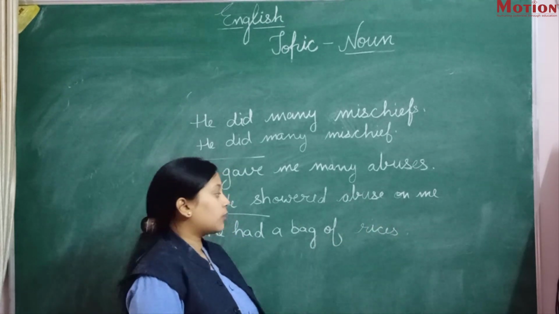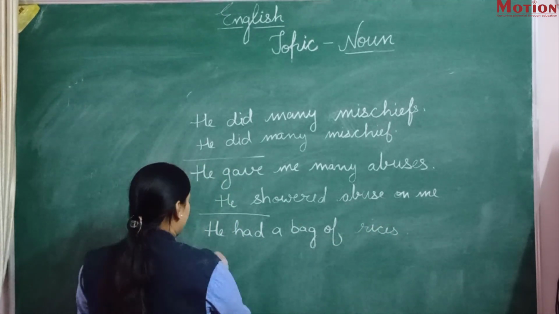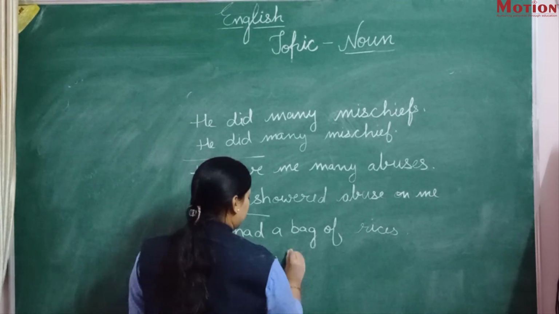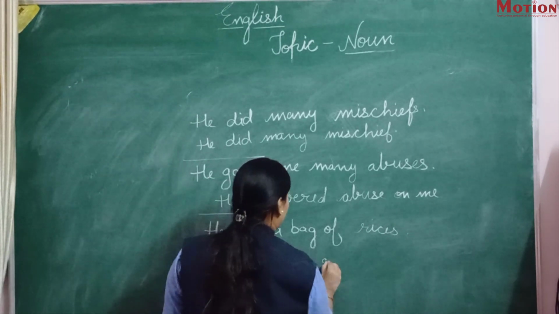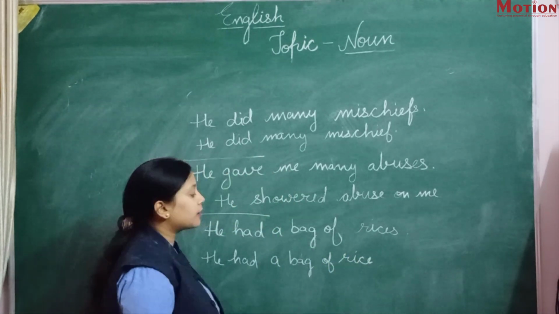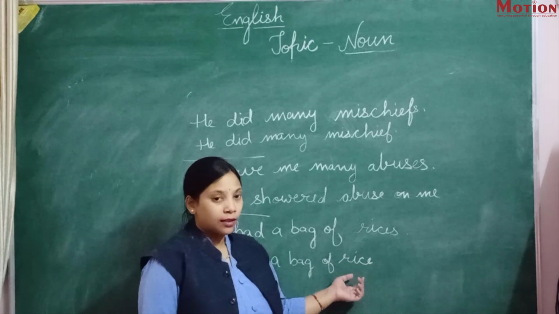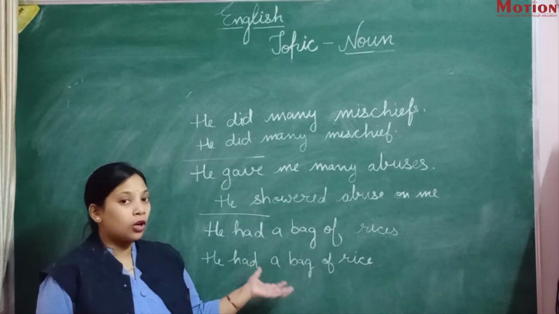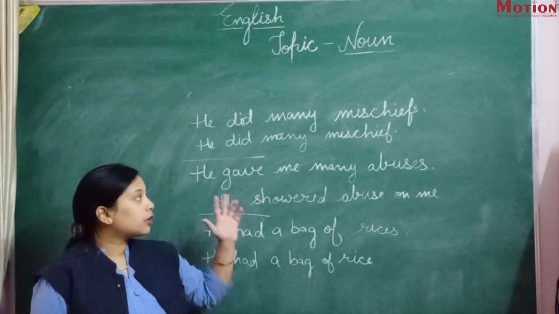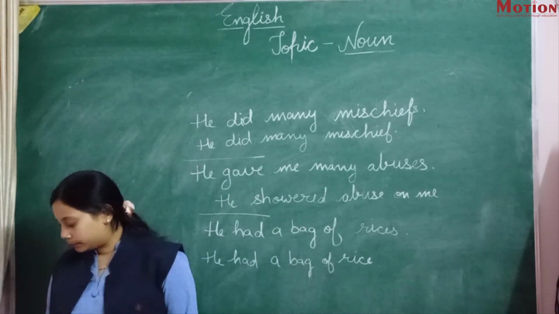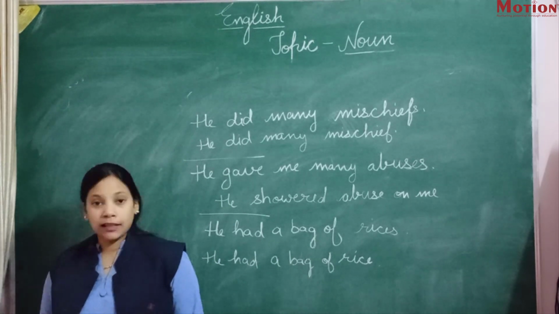So rice is an uncountable noun, so it will be, he had a bag of rice. Rice is plural in itself. So these are some examples that we use wrongly. So you have to use them correctly from right now.